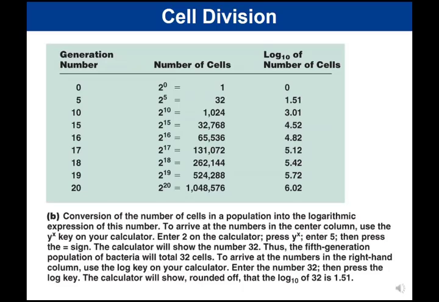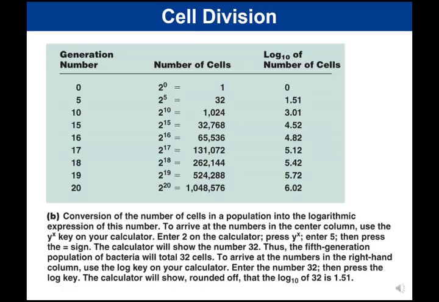Now for each subsequent generation, so when we get to 15 to 16, notice 32,000 to 65,000. And then 131,000. Notice the numbers are getting large much, much faster. And by the time we get to 20 divisions, we're already at 1 million cells.